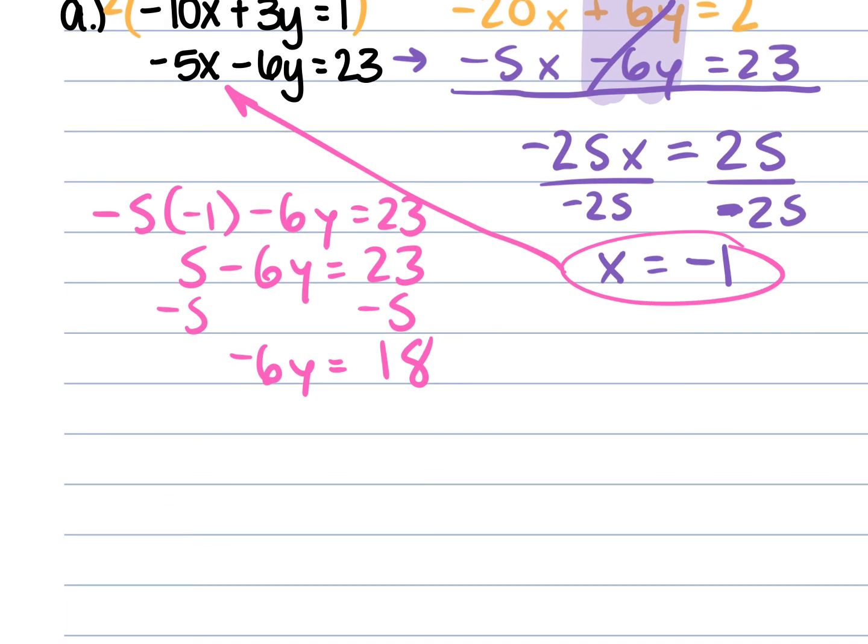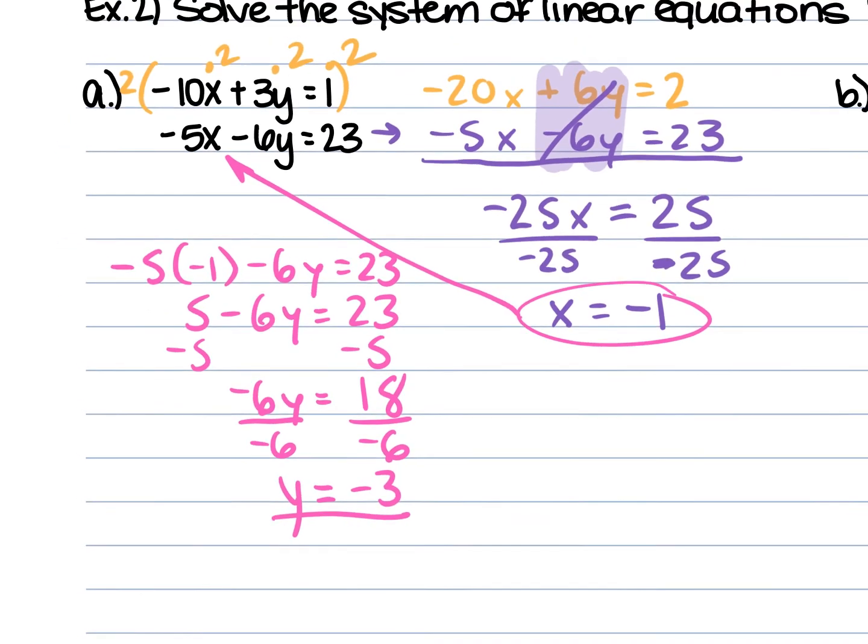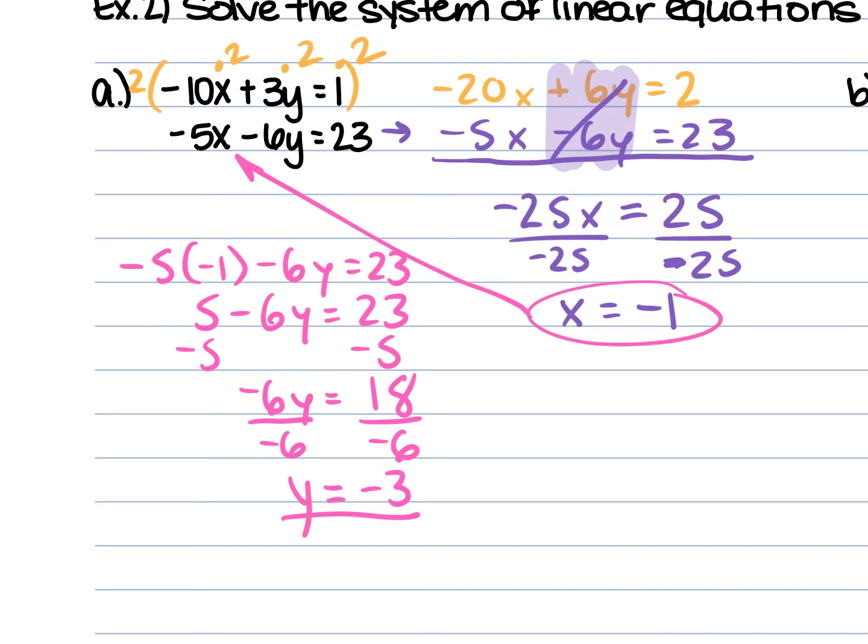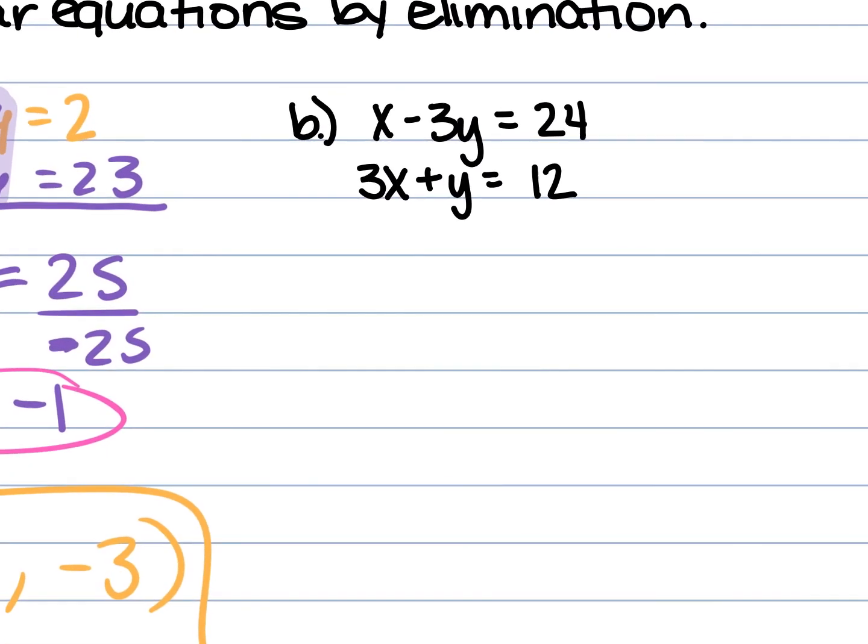And then what's last? Divide by negative 6. So what's 18 divided by negative 6? Negative 3. So I found x and I found y. How do I need to write my answer? Negative 1 comma negative 3. Perfect.